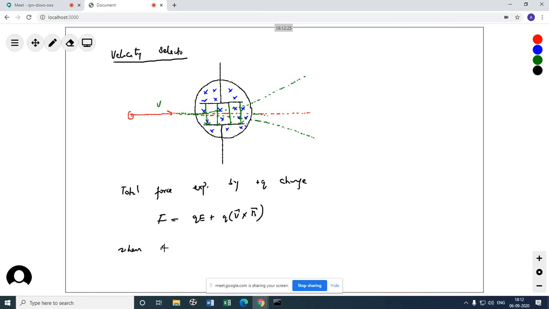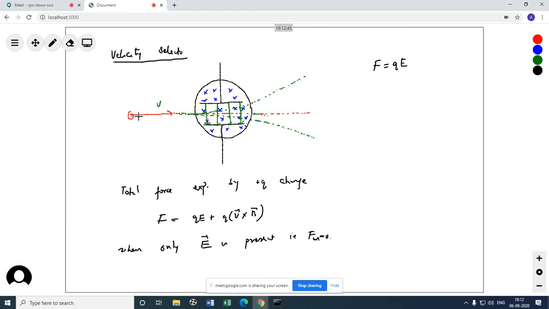When only an electric field is present, that means Fm equals 0, then F will be only qE.